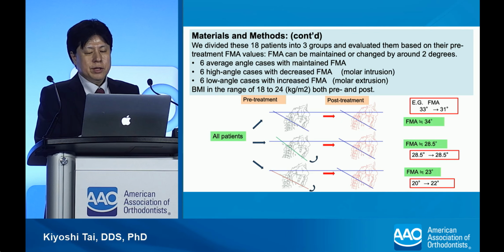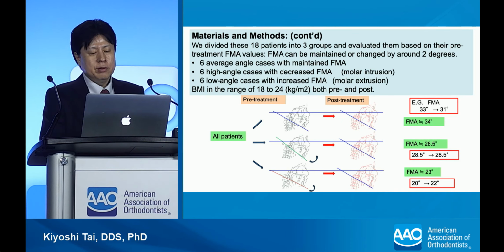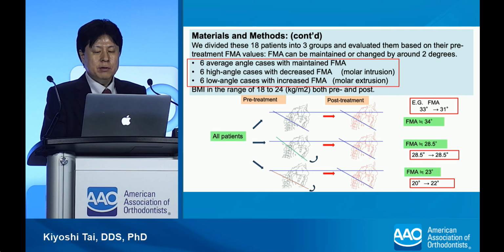We divided these 18 patients into 3 groups and evaluated them based on their pretreatment FMA values. One angle was maintained, one decreased, and one increased, both by around 2 degrees. For example, 33 degrees becomes 31 degrees.